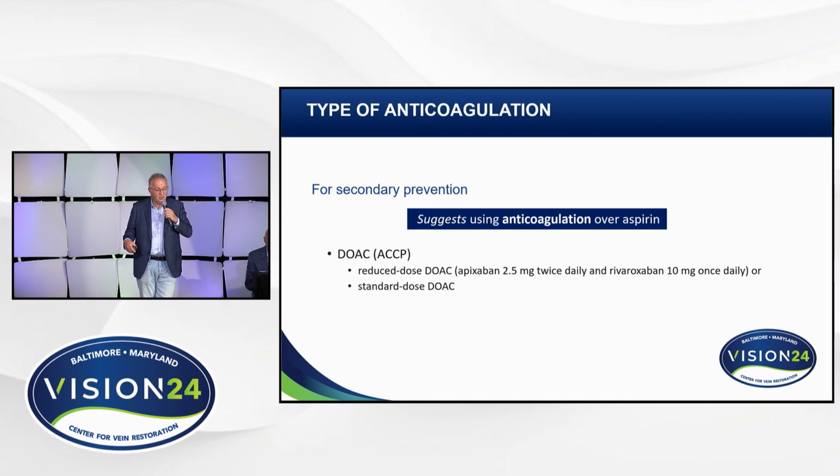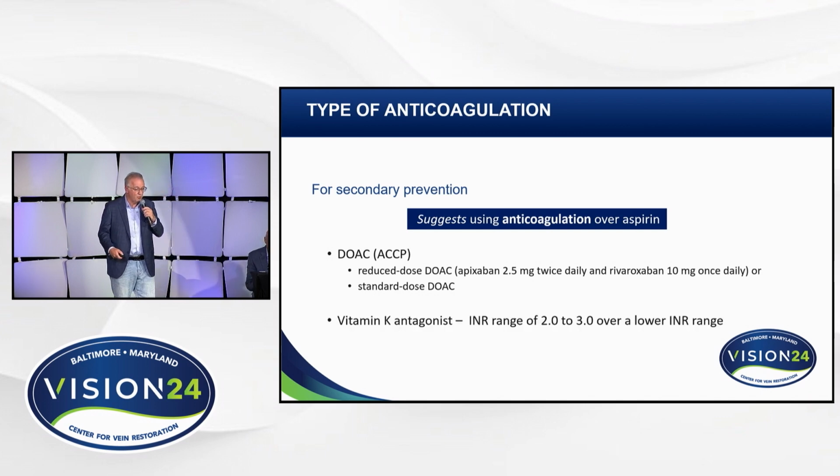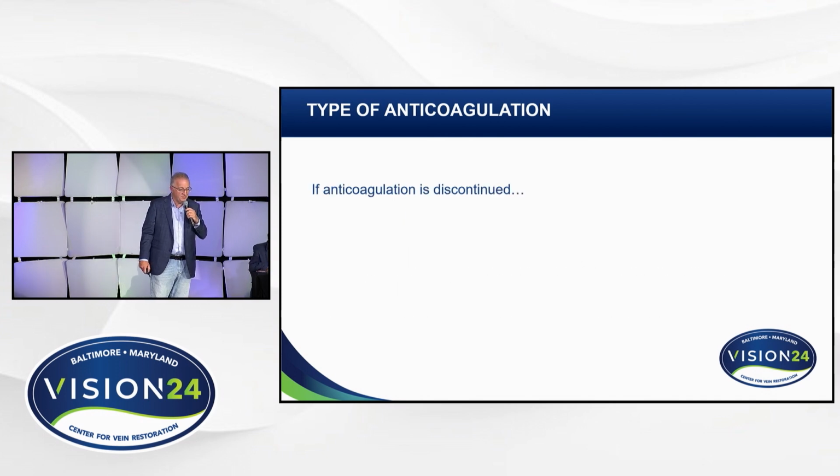In the hematology guidelines, it's either DOAC or vitamin K antagonist; actually, vitamin K or DOAC, that's the order they recommend. But regardless, the DOAC recommendation is prophylactic dose, 2.5 milligrams of apixaban or 10 of rivaroxaban, and that's recommended over the standard dose, again looking at risk of rethrombosis and bleeding risk. And if you're going to treat somebody with a vitamin K antagonist for secondary prevention to prevent recurrence, they recommend therapeutic dose of Coumadin.